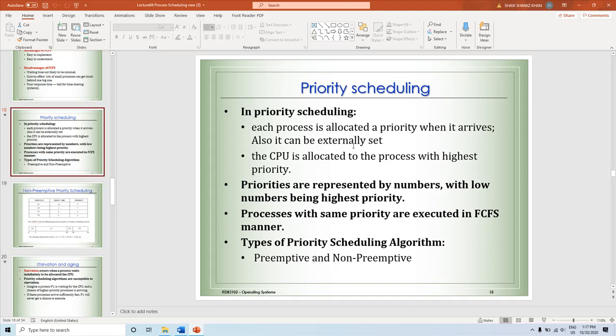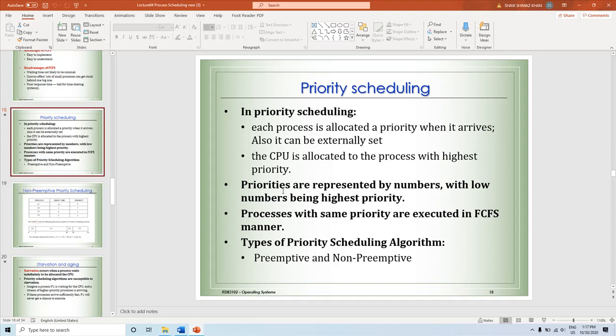The value can be set externally. The CPU is allocated to the process which has the highest priority. If in the ready queue there are two processes waiting, then the process which has the highest priority would get the CPU first. So this is the basics of this type of scheduling, priority based scheduling.